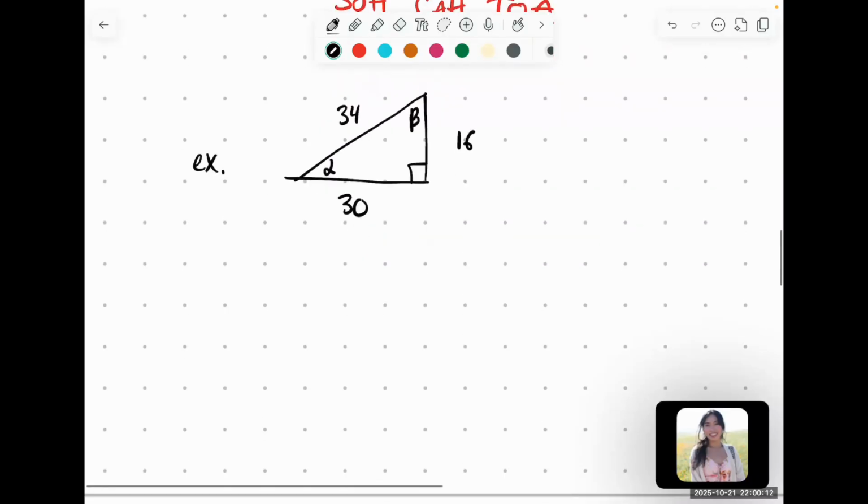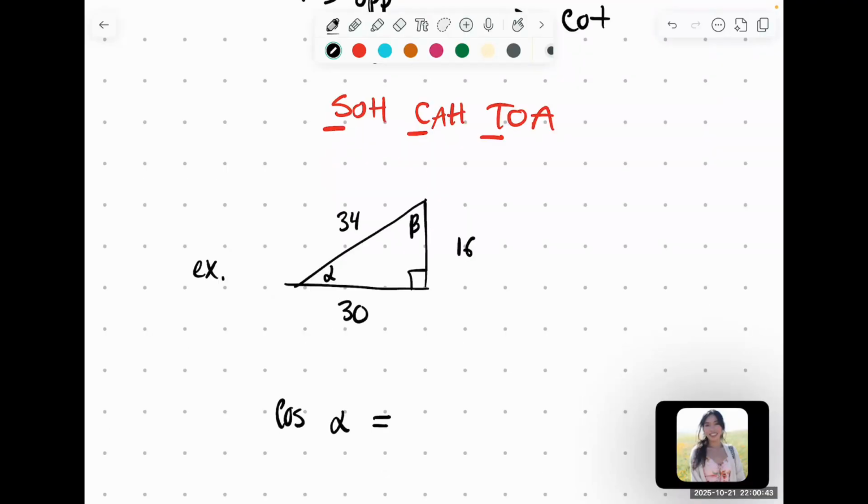And what they want us to find is cosine of alpha. Okay, so the first thing you want to do is label which side is which on the triangle. To find the hypotenuse, you find your right angle and go directly opposite. This is your hypotenuse.